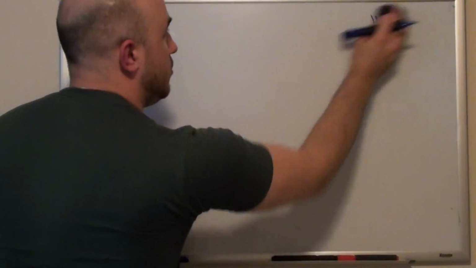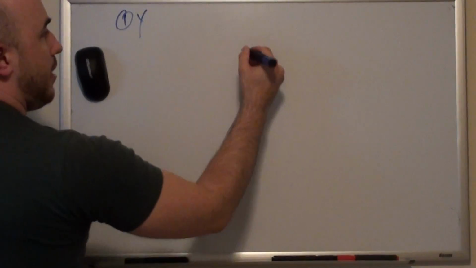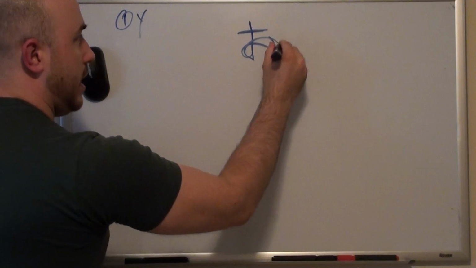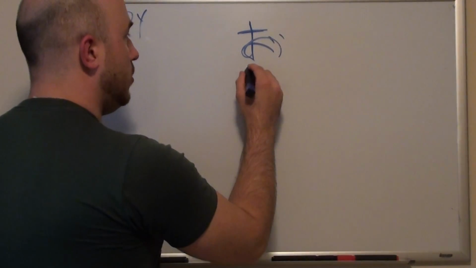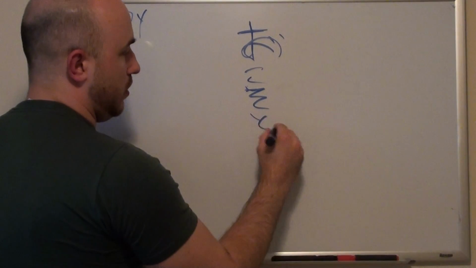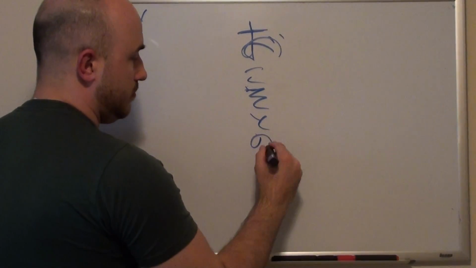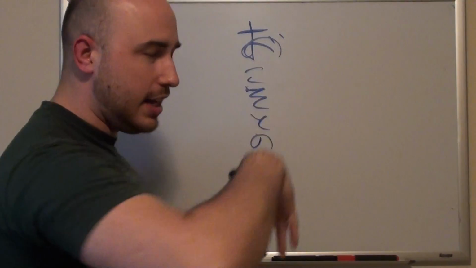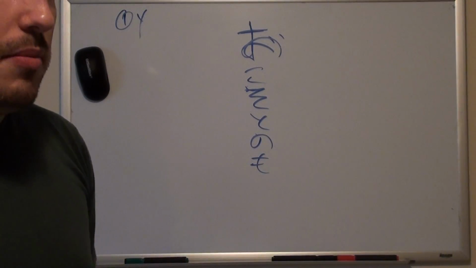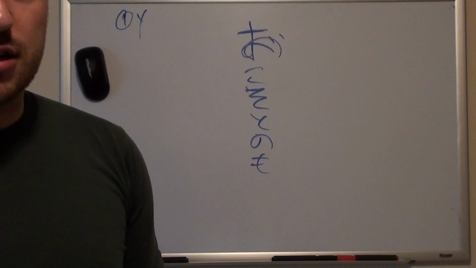Next thing that we can do, after any of the O sounds, o, ko, so, to, no, mo, we can elongate, make the O sound longer.